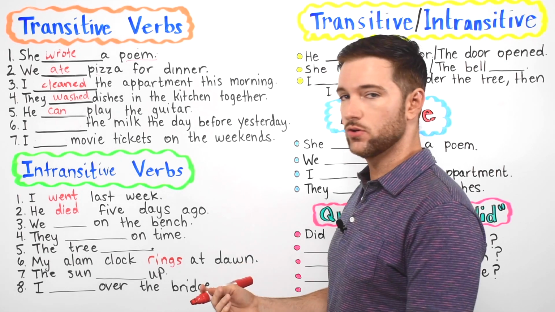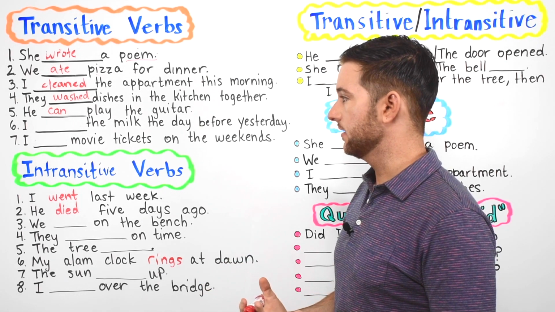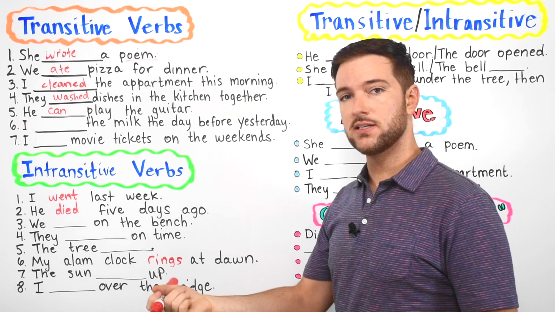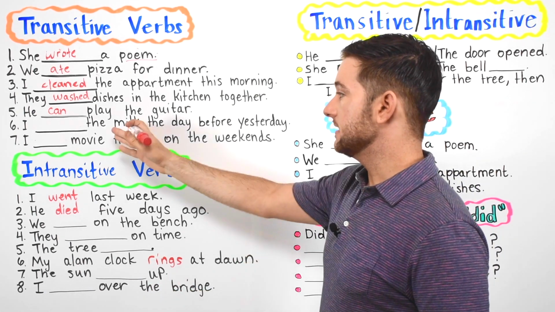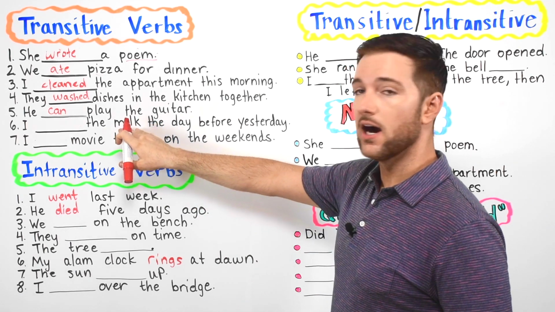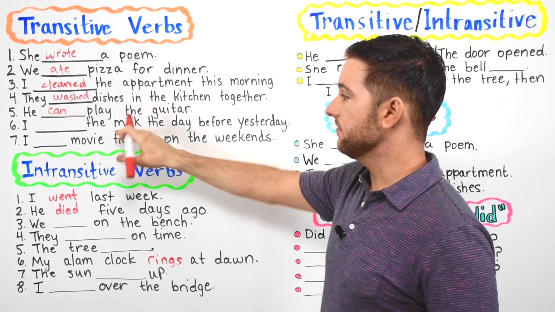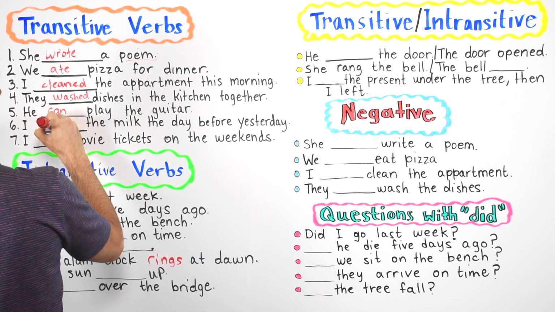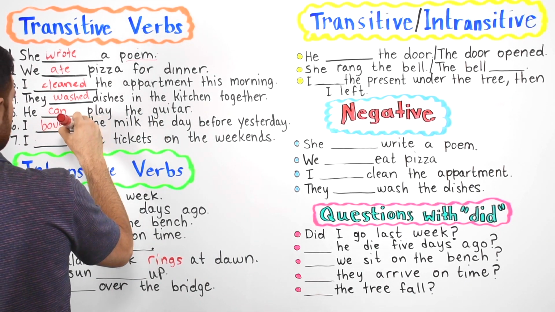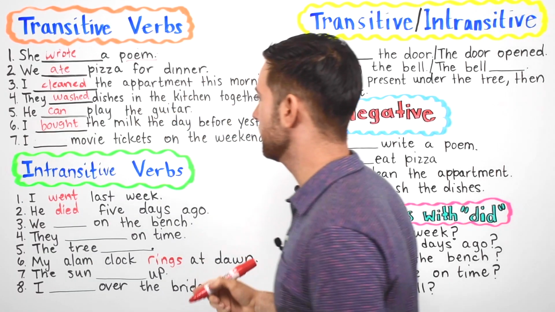So you go to a store and you give money to the teller and he gives you something in return. In this case, it's the milk, which is the object in this sentence, and it's receiving the action. I bought, B-O-U-G-H-T. I bought the milk the day before yesterday.